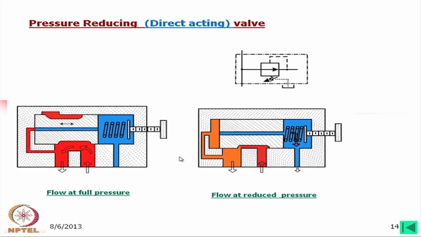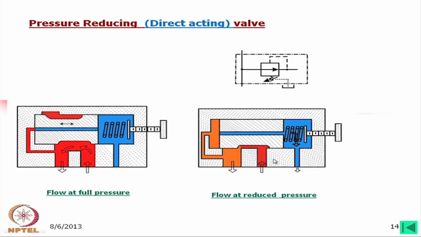Now, in case this pressure increases, there will be more thrust, and when there is more thrust, this will be closed and there will be a pressure drop. Now, the question is, will it remain in that stable condition?